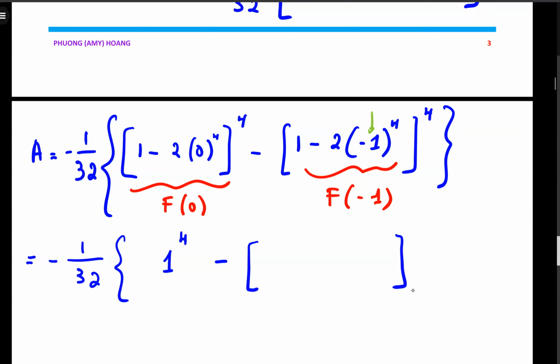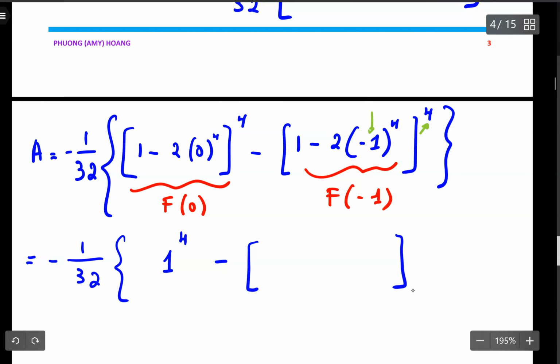So 1 times -2 gives you -2. 1 subtract -2 will give you 3, but don't forget, this has to be raised to exponent 4.